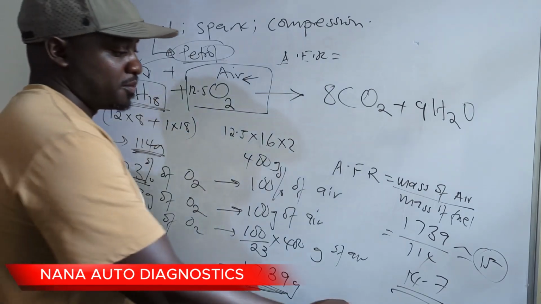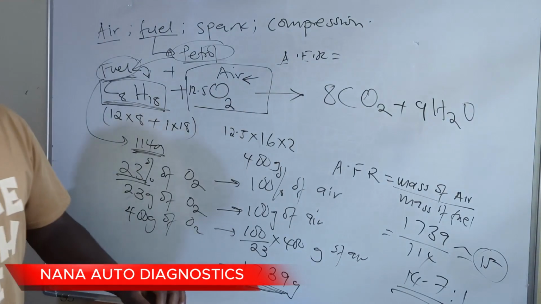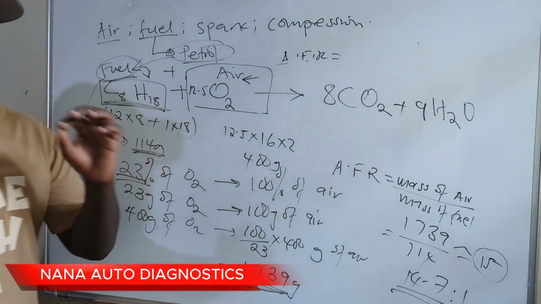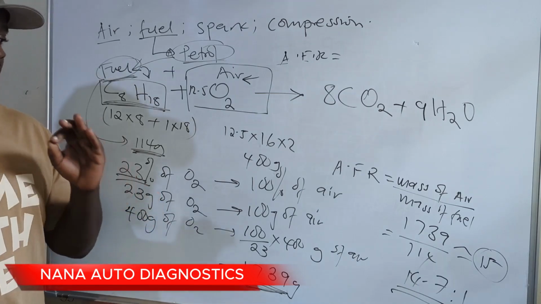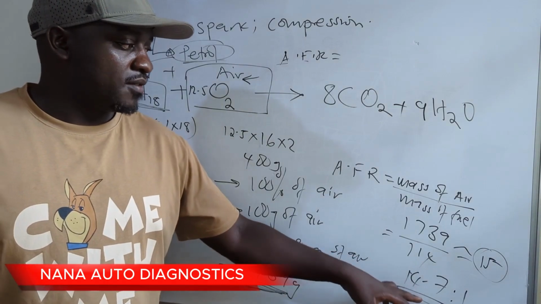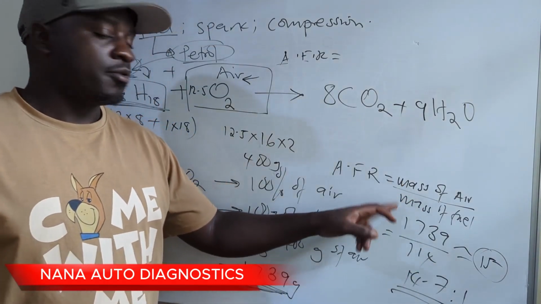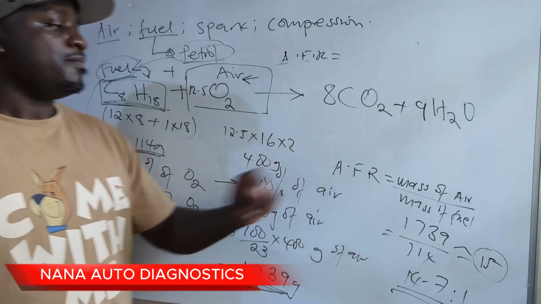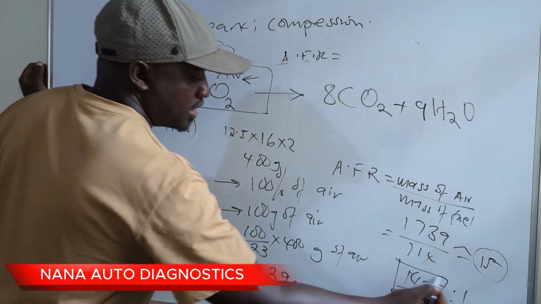It will always be 14.7 to 1, meaning for any engine to run at ideal condition, we need 14.7 parts of air to 1 part of fuel. So that's where this ratio is obtained.